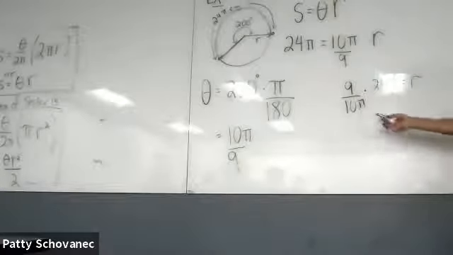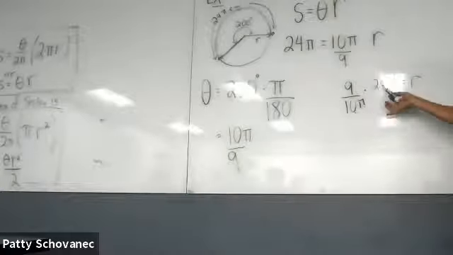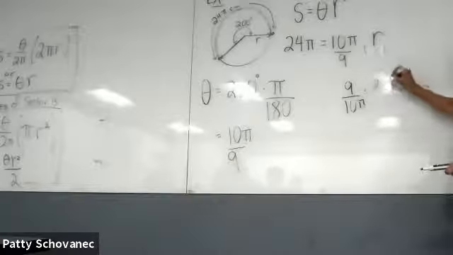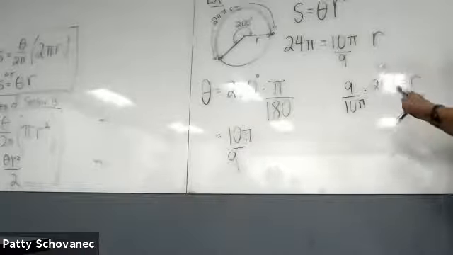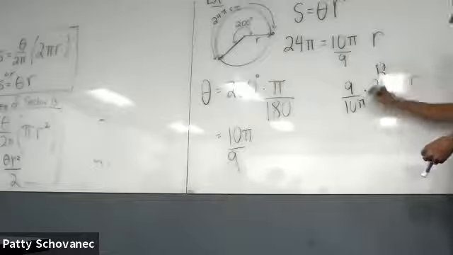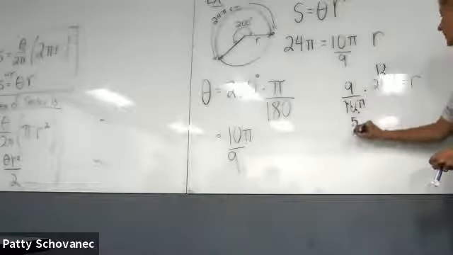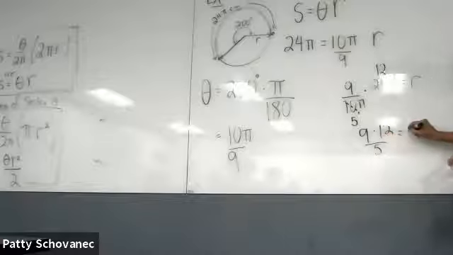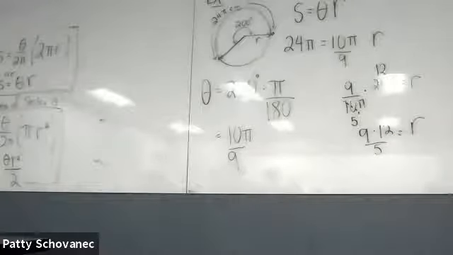I'm going to divide both of these by 2, so make that 12 and make that a 5. So I have 9 times 12 divided by 5 is equal to R. 9 times 12 is 108. So R is 108 over 5.